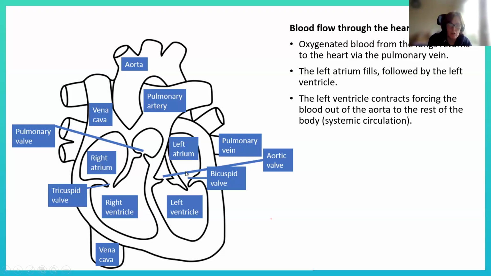The atrium fills, then the ventricle, then it will squeeze from the bottom out through this aorta and off for systemic circulation around the rest of the body. And then once it's in the aorta and the pulmonary artery, these valves stop it getting sent back as well. So once it's out, it should continue on its journey.